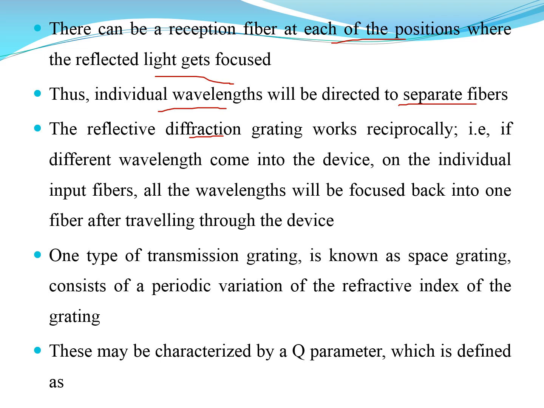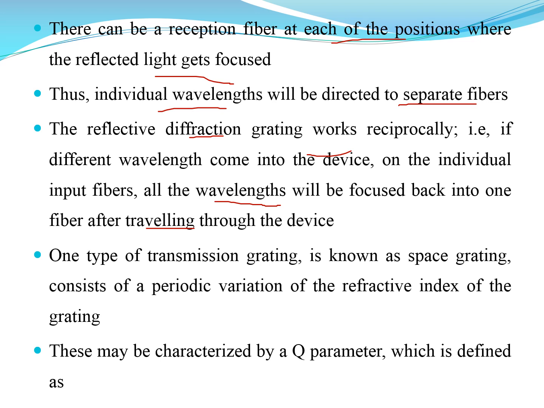That is, if different wavelengths come into the device on individual input fibers, all the wavelengths will be focused back into one fiber after traveling through the device. So once the reflection happens, the light of different wavelengths is reflected back at different angles into the fibers.